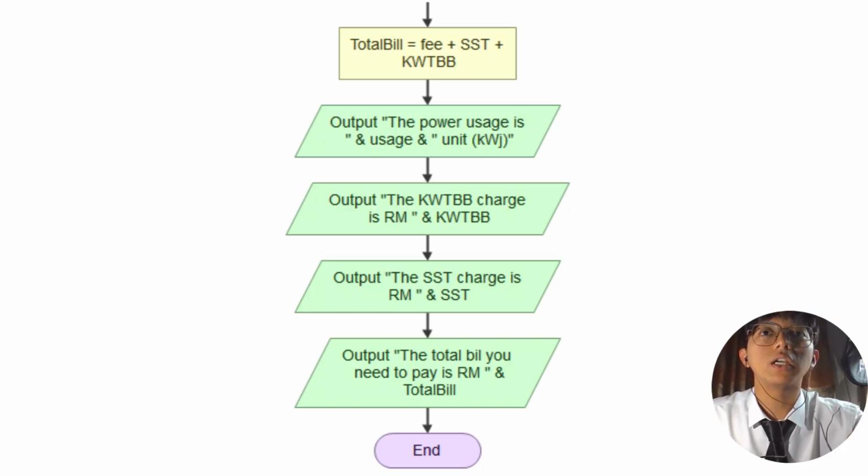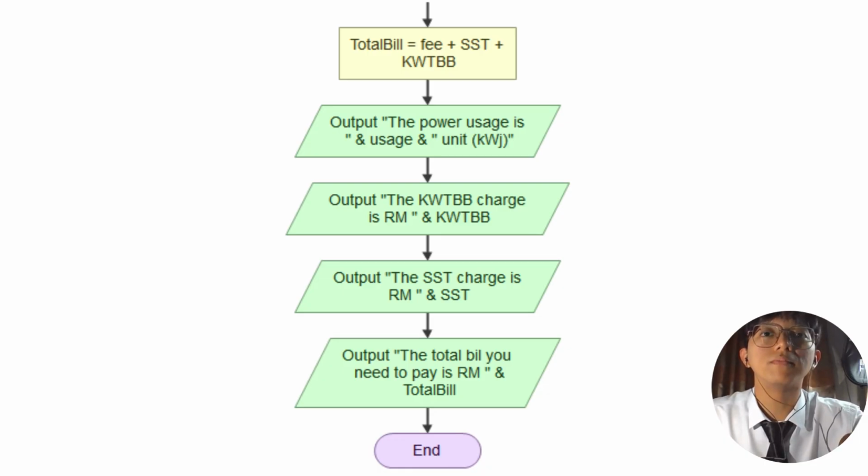The next output is the KWTBB charge, RM how many, based on the KWTBB we just calculated. Next, the same with SST, the SST charge is RM how many, and the last output is the total bill we need to pay, RM, and we show our total bill.